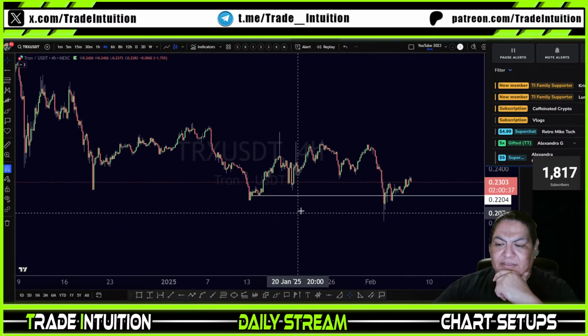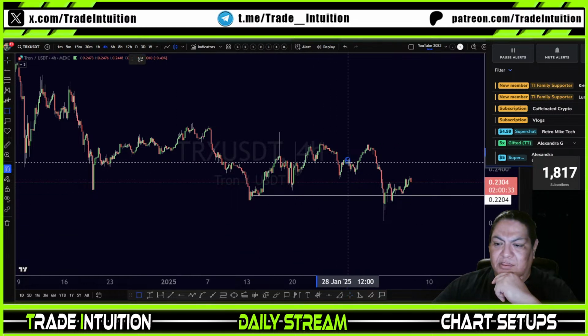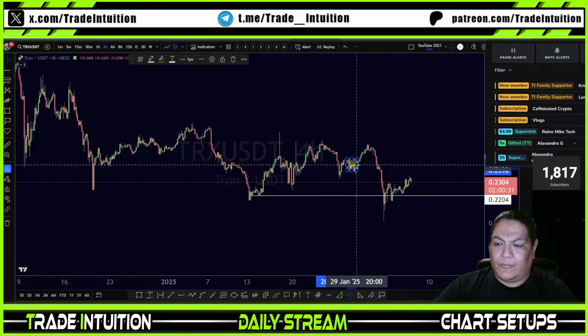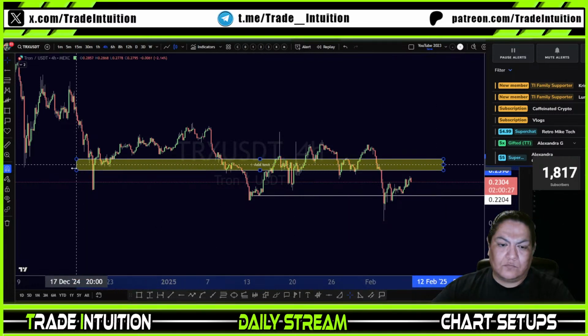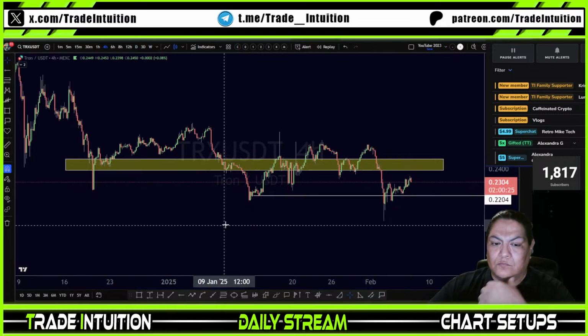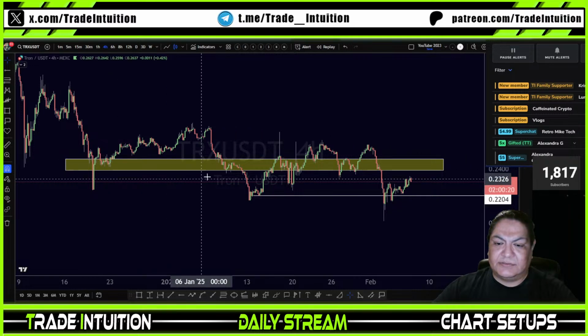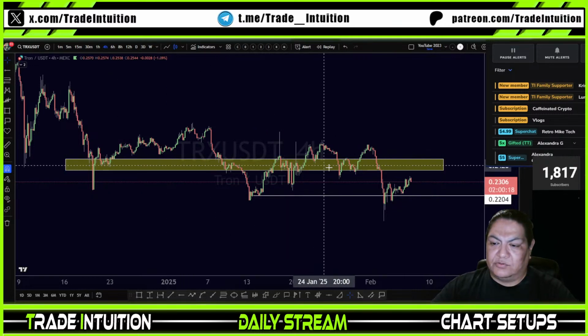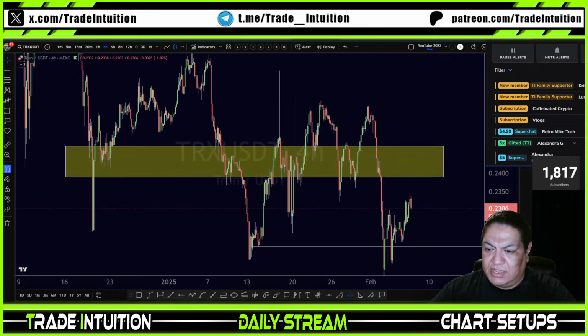So I'm going to do a box, and my box is going to be from here to here. And we can see that it ends up stopping a lot of the candle bodies, or gets really close. And I use it because of this pivot, and then also this. Let me see, did I get it? No, I didn't get it.